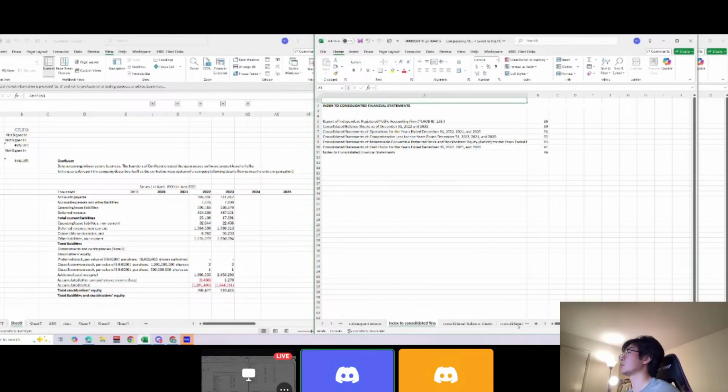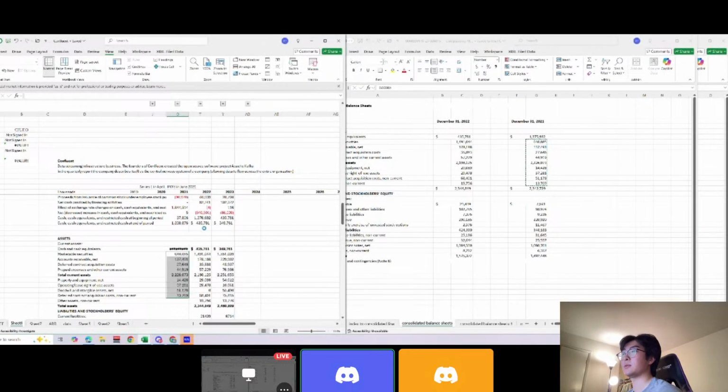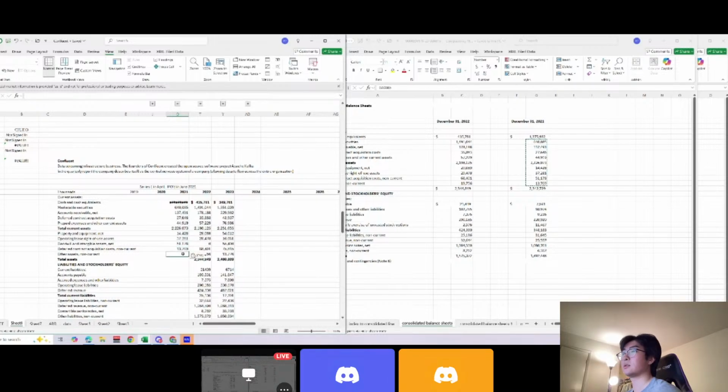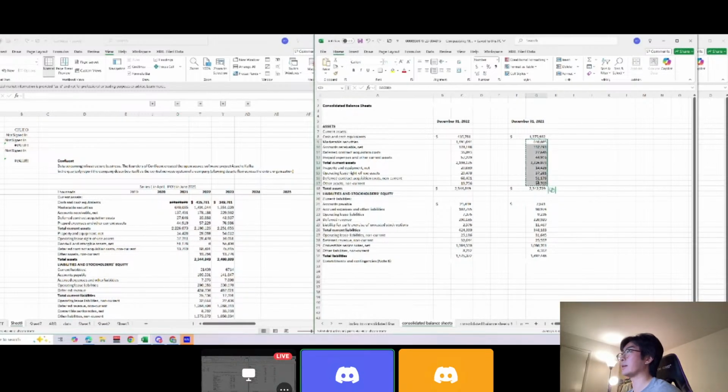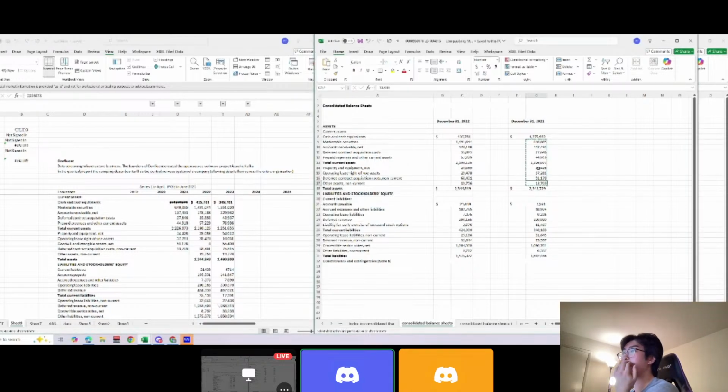Consolidated balance sheets. Let's take a look, see if this number is the same. Other assets, non-current. Total current assets. And property and equipment, goodwill, and intangible assets.